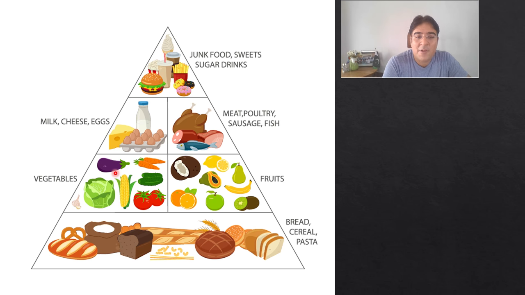A brown bread or a whole grain bread can give you some fats and some protein as well, but plain bread will not give you proteins. The vegetables will not give you proteins unless they are mushrooms. Vegetables will give you only carbs. Okay, no protein, no fats. Fruits will give you only carbs, no proteins, no fats.